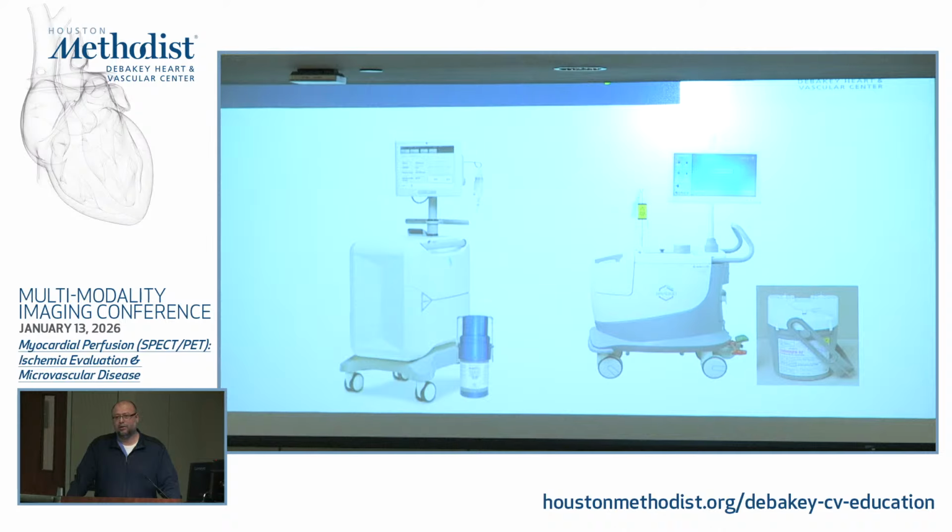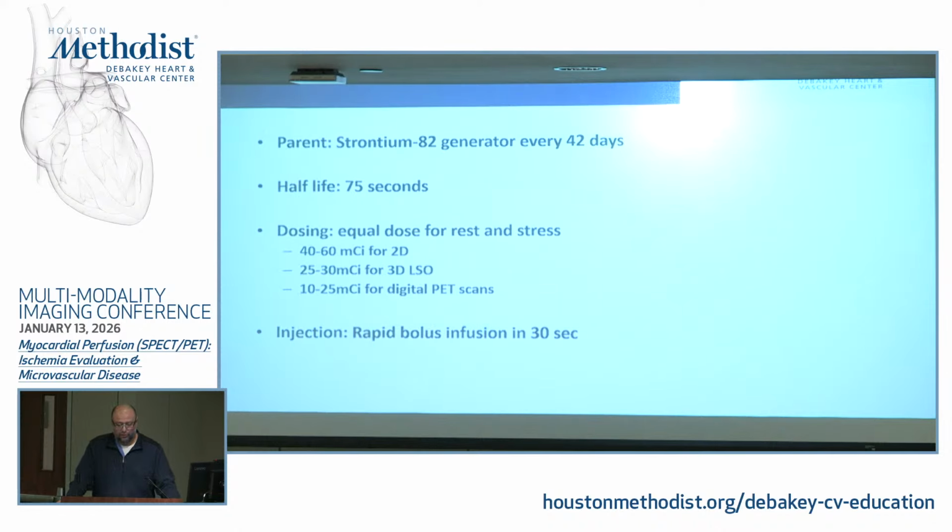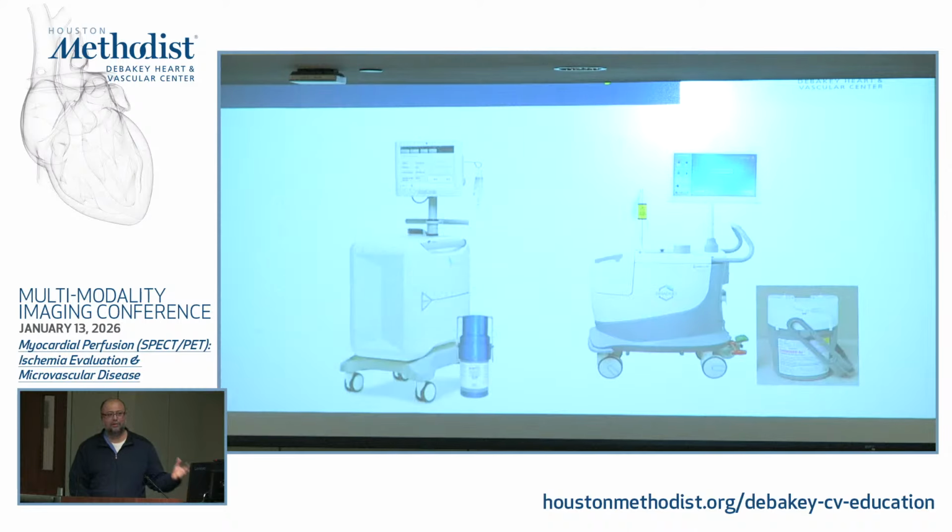Once you get it, you can use it constantly for 42 days. It has a very short half-life, 75 seconds. So technically, this one has to be put next to the machine and inject from the injector to the patient. And the one that you get is not the injector. You get this one.